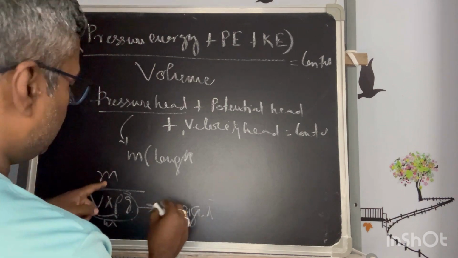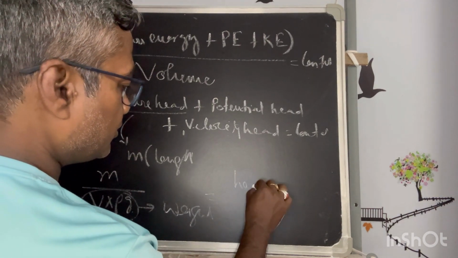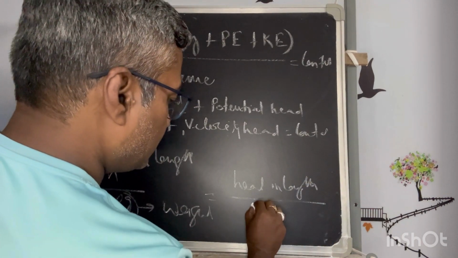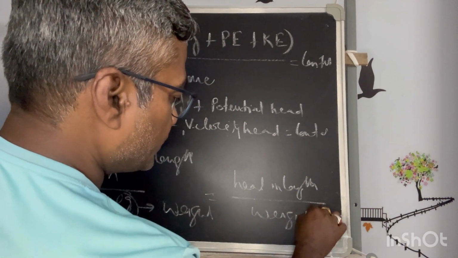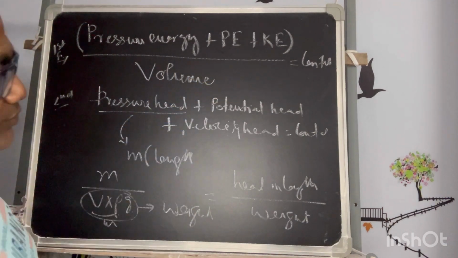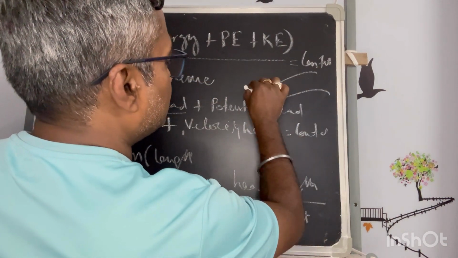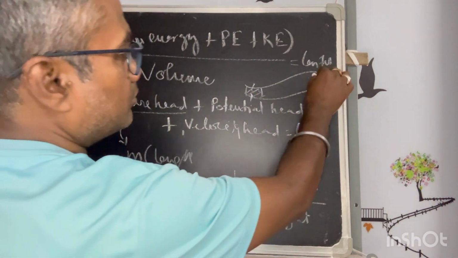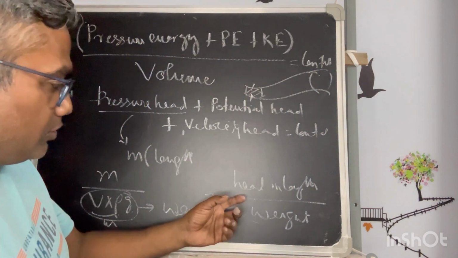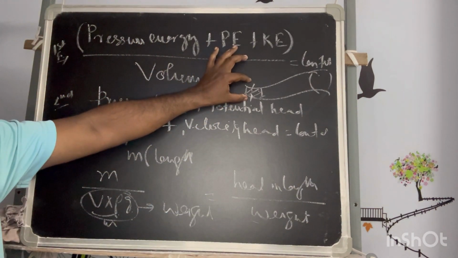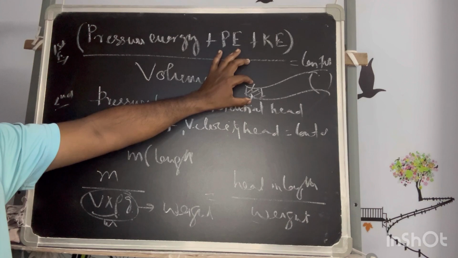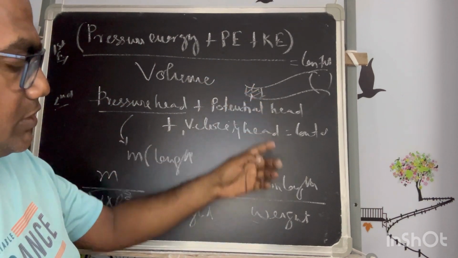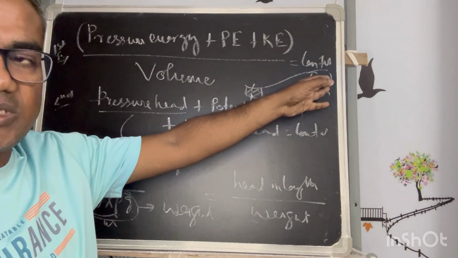So that is the head in length per weight. Per weight means segment-wise, if in a particular segment the mass is this much, it has some weight. We are talking about energy conservation. The energy conservation at this point, if I add the respective weight of this, I will get the energy conservation here also.